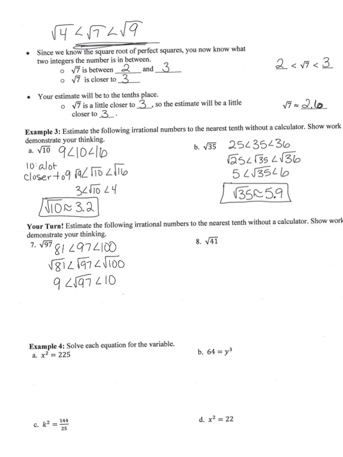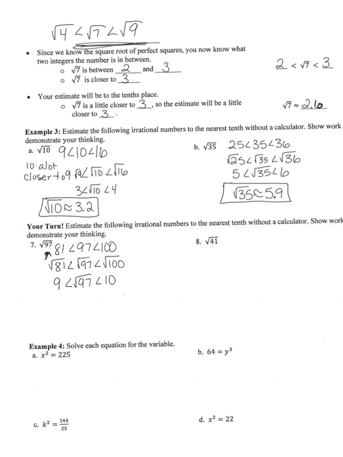So again, this is where we look back at our original piece of work right here. I'm trying to draw an arrow here. And we can see that 97 is much closer to 100 than it is to 81. Therefore, the square root of 97 is closer to 10 than it is to 9.